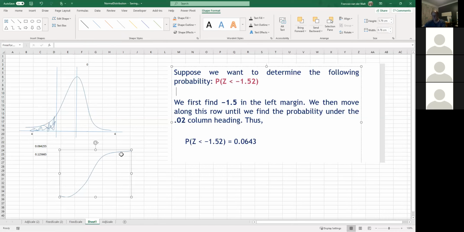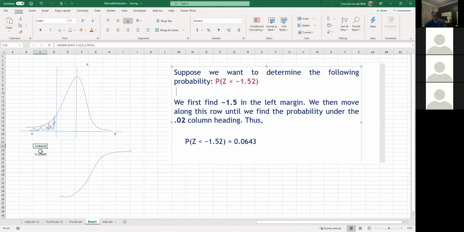Hope not. How I always remember it is, for starters, if I put in x as 0 in the normal distribution, what answer do I expect? I expect 0.5, isn't it? Yep. And that's what I get.